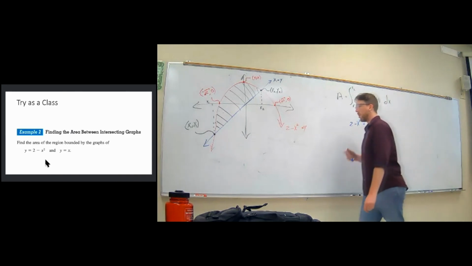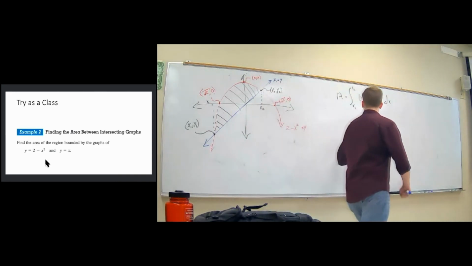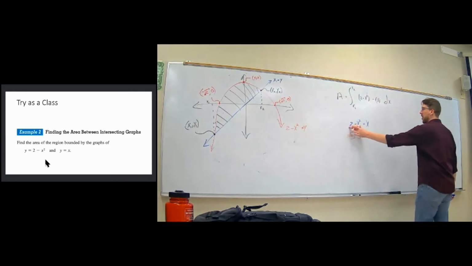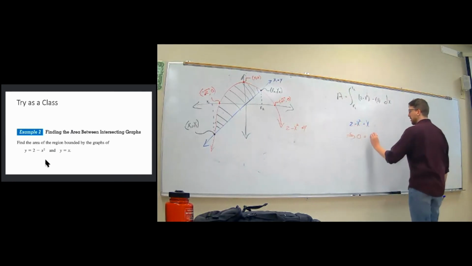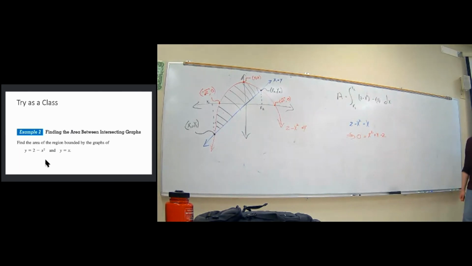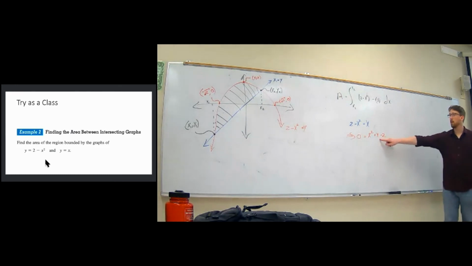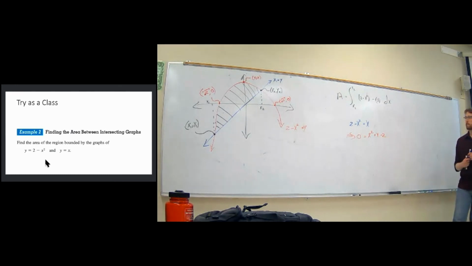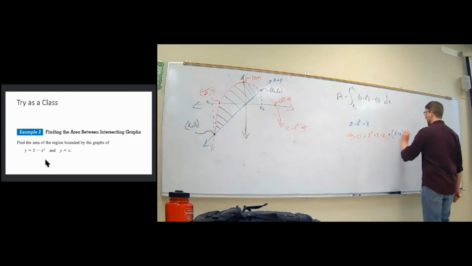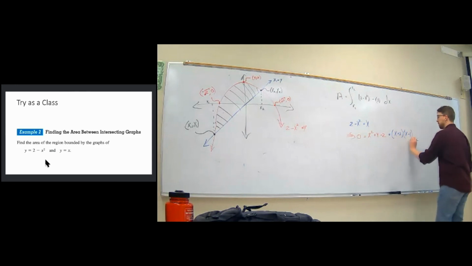To solve this, that's equivalent to solving 0 is equal to, we're going to subtract everything on the left from everything on the right, x squared plus x minus 2. Well, this thing factors really nicely. It factors to x plus 2 times x minus 1.